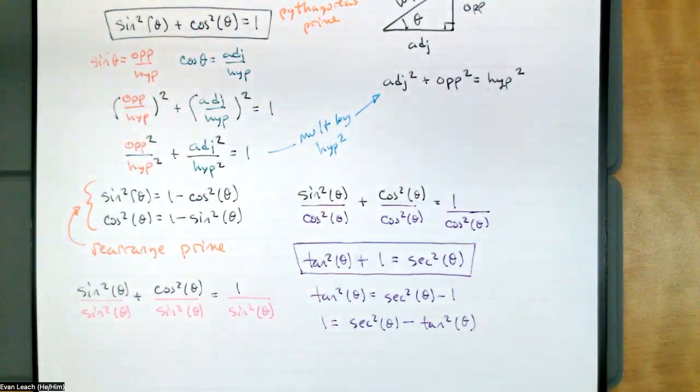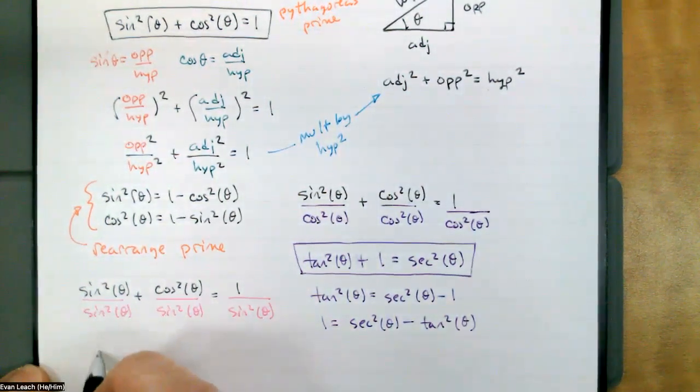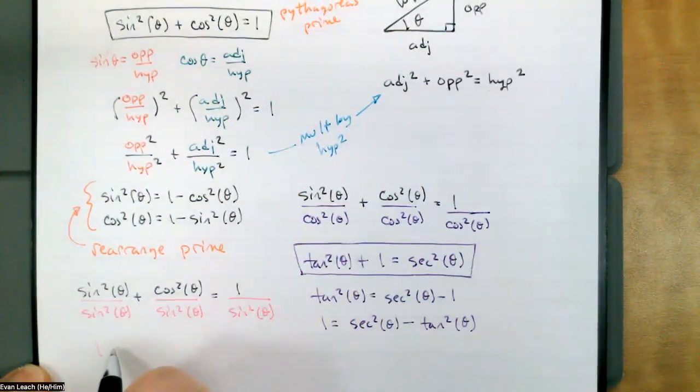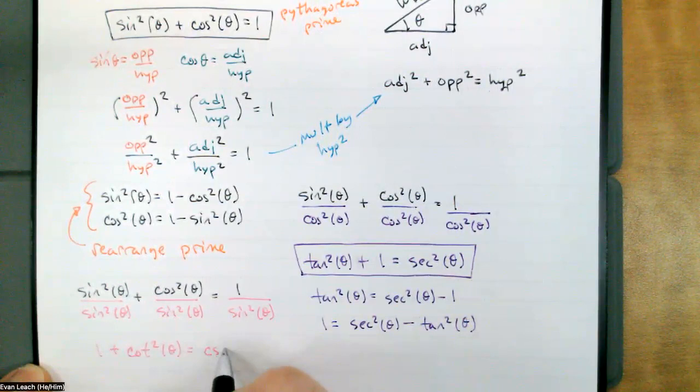So here we'll find out that sine squared over sine squared, we get 1. Cosine over sine is cotangent. 1 over sine is cosecant.